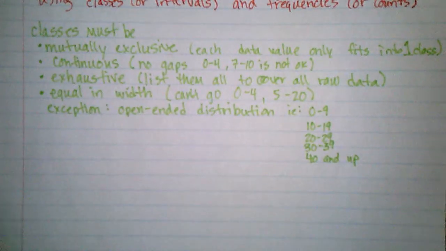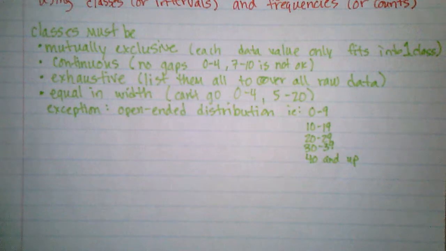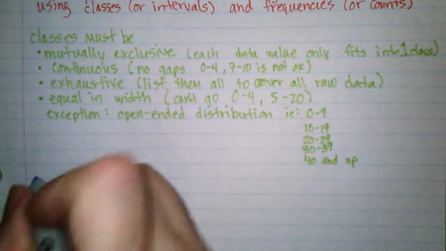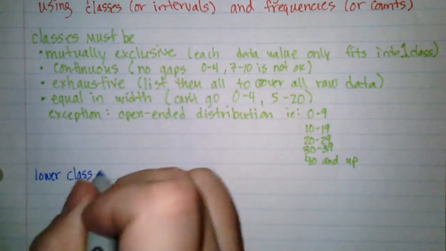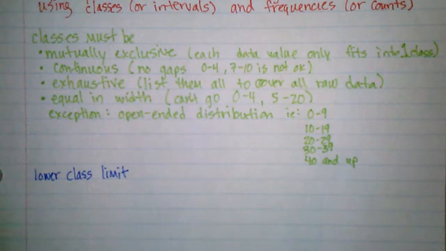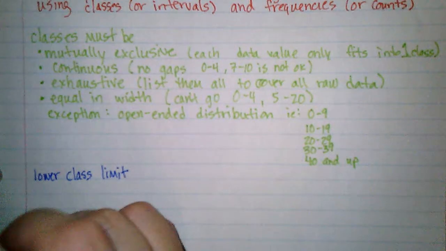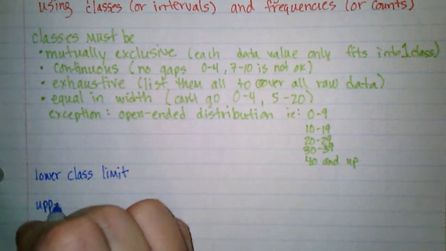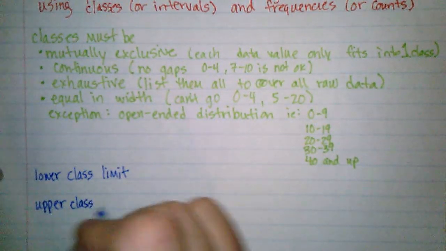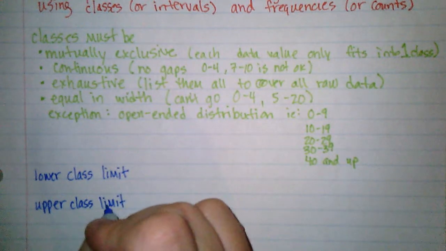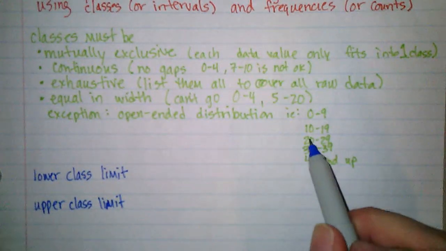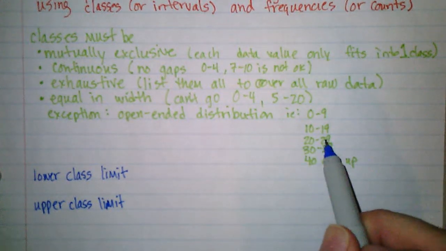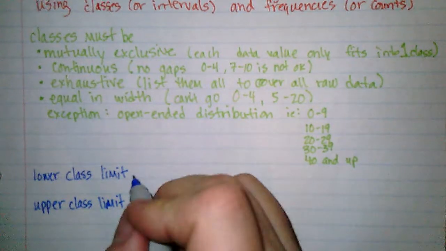Okay, let's talk about class limits. There is something we call a lower class limit. And then we have an upper class limit. And it does not have to do with like SES. It has to do with these two numbers. So like in this example, 20 would be a lower class limit and 29 would be an upper class limit.